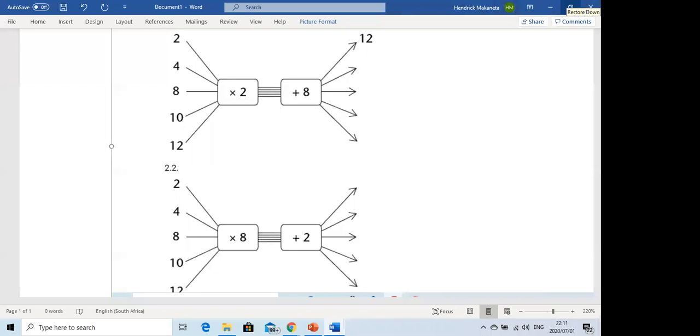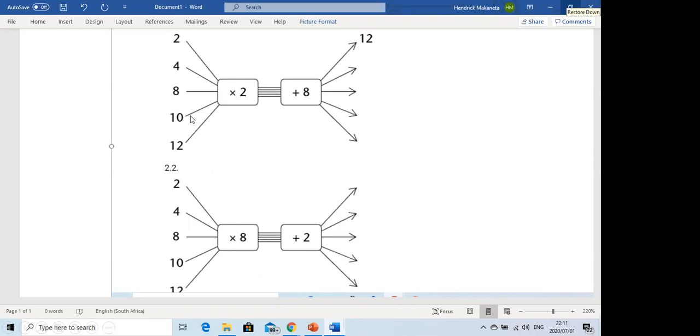And of course, when you have to define the output as well as the input, you can see that on the left-hand side here, I've got values. These values are called input values.